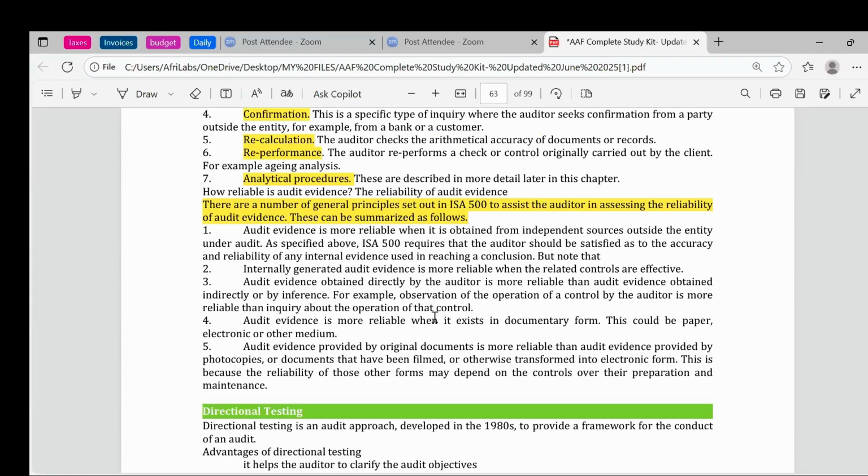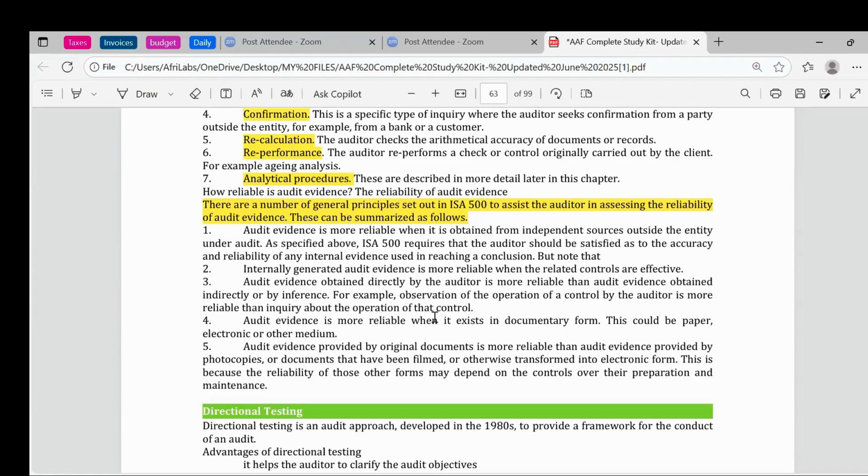Internally generated audit evidence is more reliable when your internal control in that entity is effective. Audit evidence that the auditor gets as a result of requesting it is better than the one that he was just given. Audit evidence is more reliable when it is in documentary form.